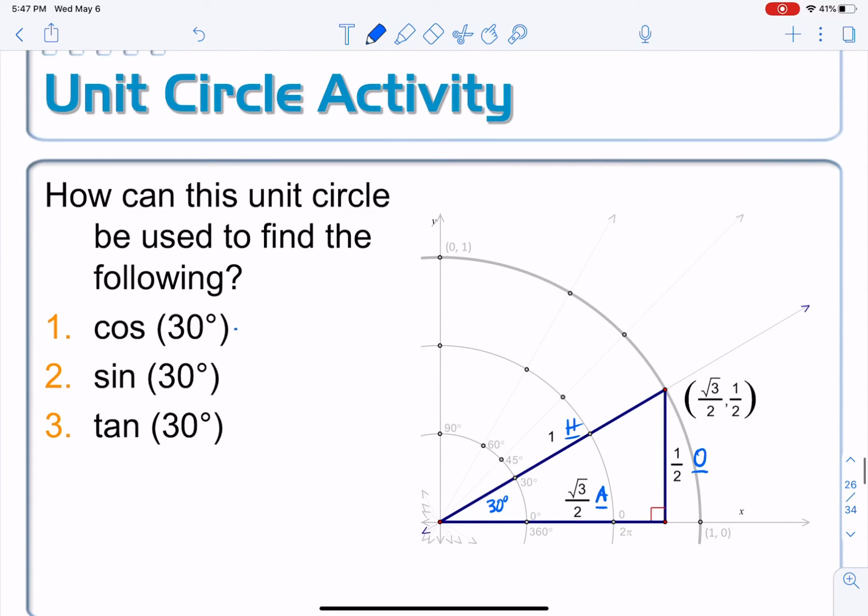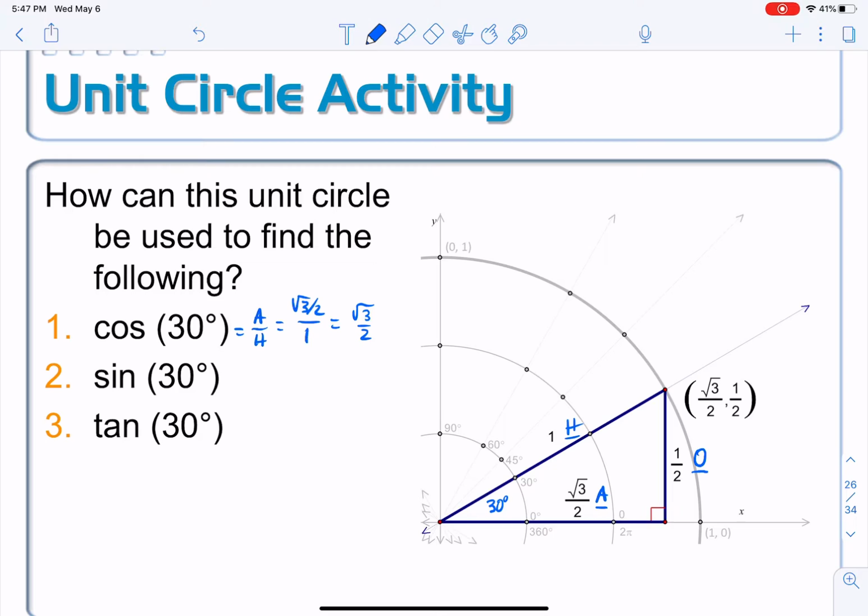Cosine is adjacent over hypotenuse. So in my right triangle here, my adjacent side is the square root of 3 over 2, and my hypotenuse side is 1. Divide anything by 1 is itself, so it's the same thing as the square root of 3 over 2.